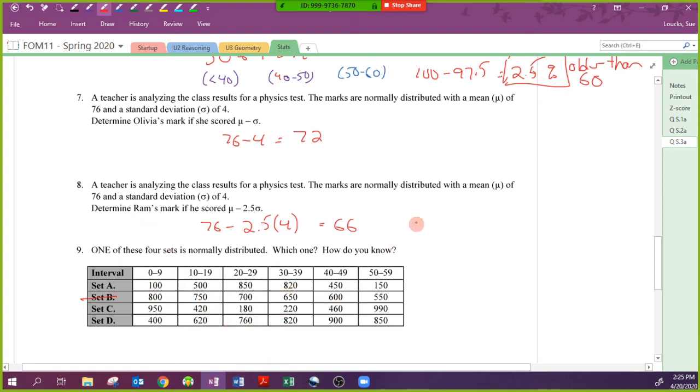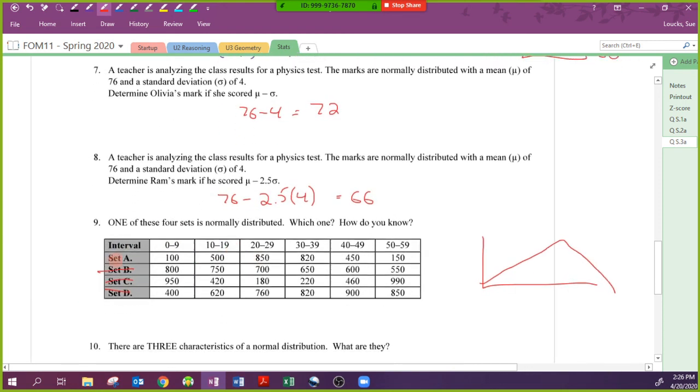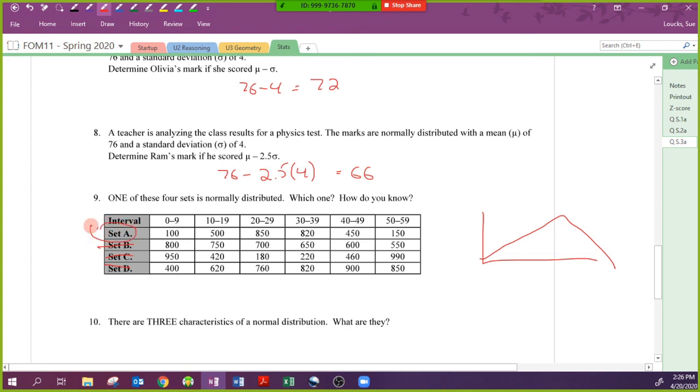If you were to graph it, it's like a canyon instead of a mountain. That's not right. And D, if you were to graph it, is not centered, so it's not D. So the answer is A, and the reason that you could give is it appears symmetrical.